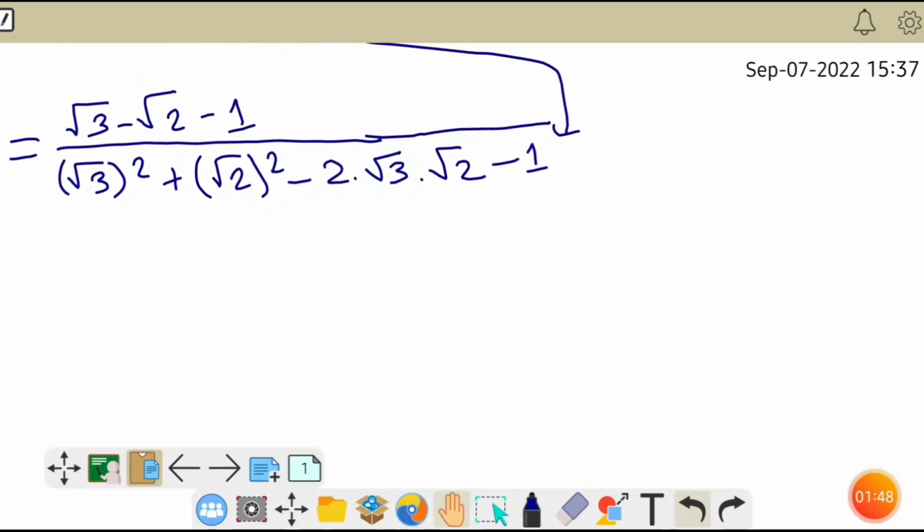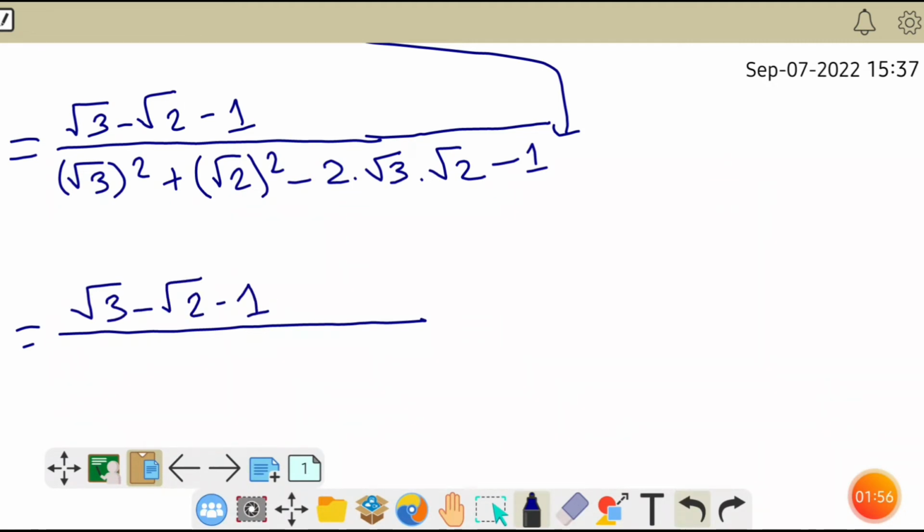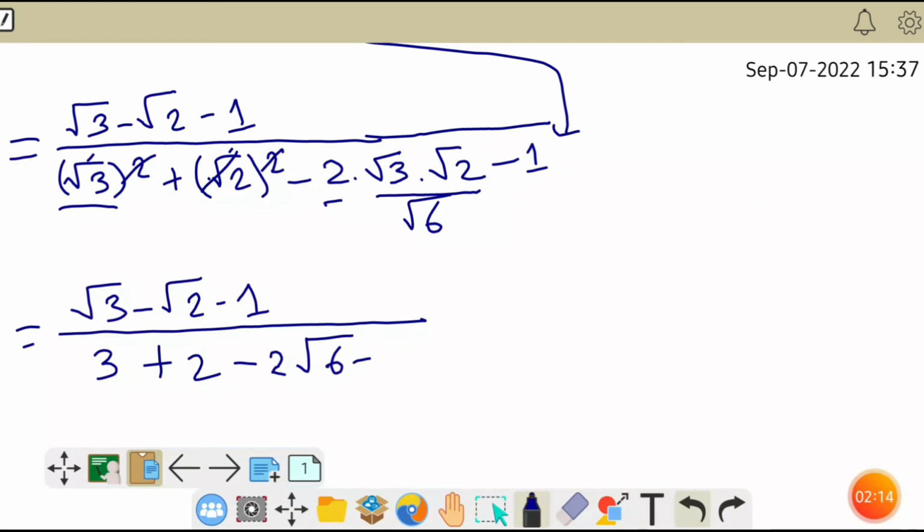In the next step, we get in the numerator root 3 minus root 2 minus 1, and in the denominator root 3 square, that is 3, plus root 2 square, that is 2, minus 2 into root 6, minus 1.